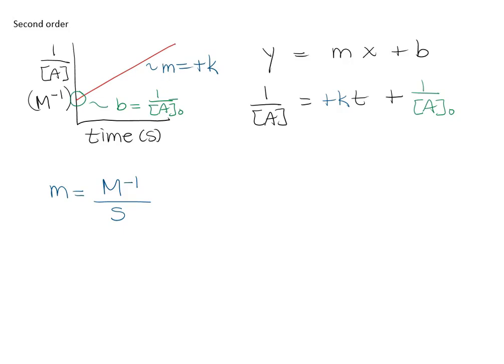I think that's a really good way to go, so that way you don't accidentally invert something that shouldn't be inverted. So in this case, as I've written it originally here as M to the negative 1 divided by s, it looks kind of funny. So we're just going to clean that up as M to the negative 1, and then bring that seconds to the top as inverse seconds. And these are the units of k. Looking at our y-intercept units, they are the same as the y-axis, and so they will be inverse molarity.